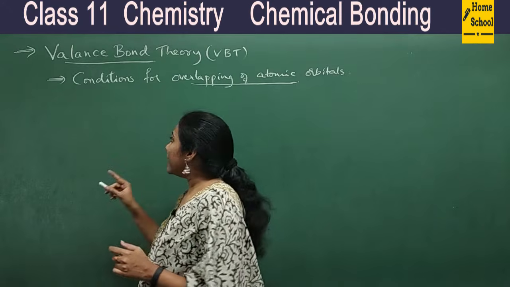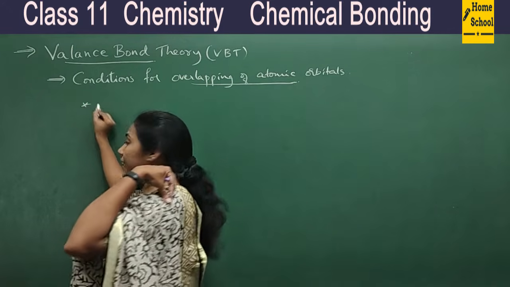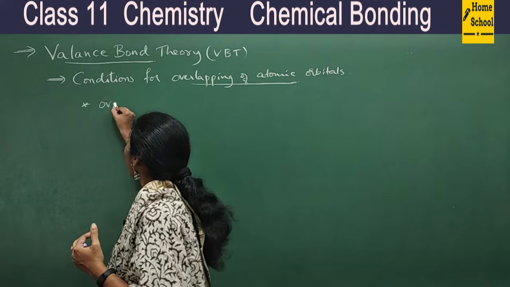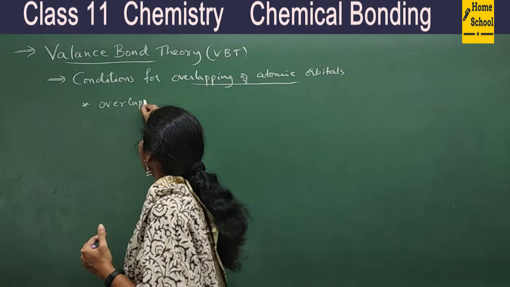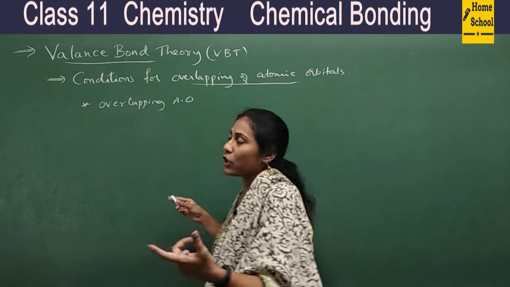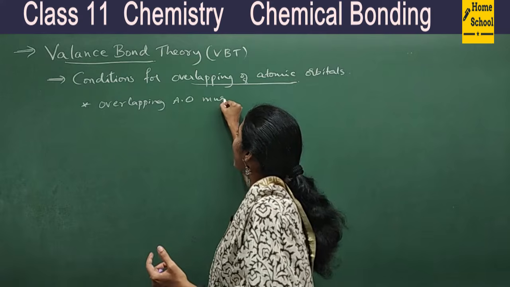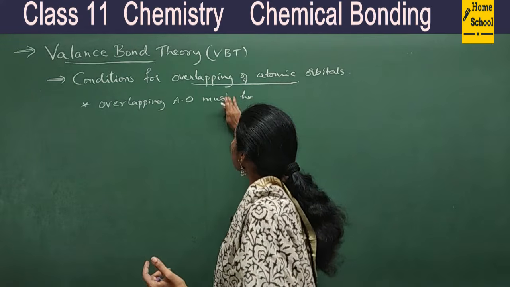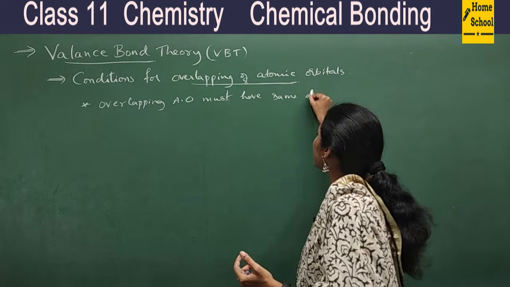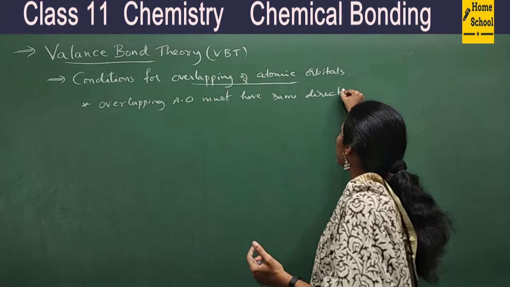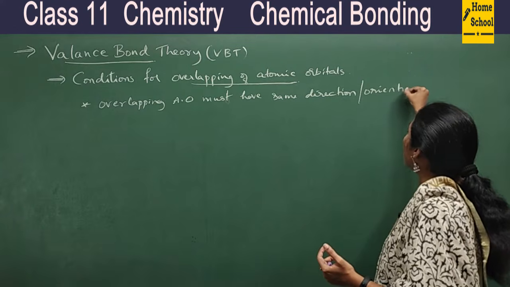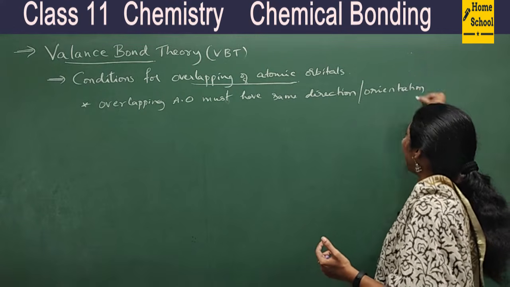Coming to the conditions, observe the points that I write on the board, very, very important. Overlapping atomic orbitals, AO in the sense atomic orbitals, must have the same direction or orientation. The orientation or direction of the orbitals must match.